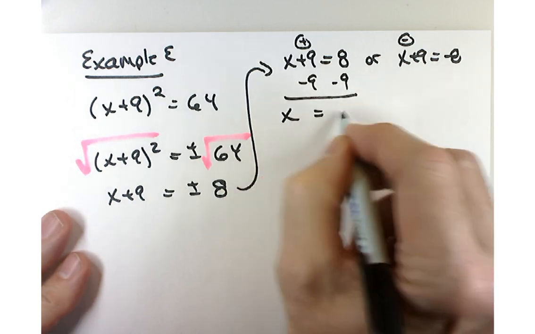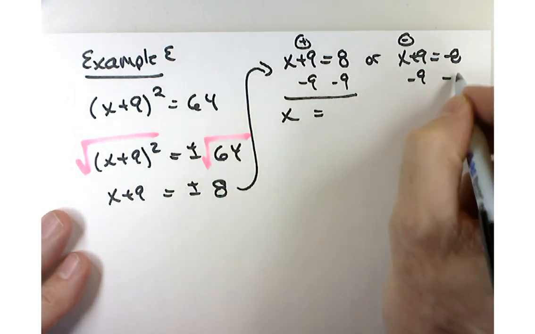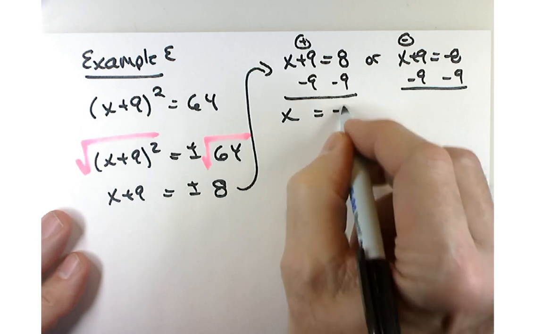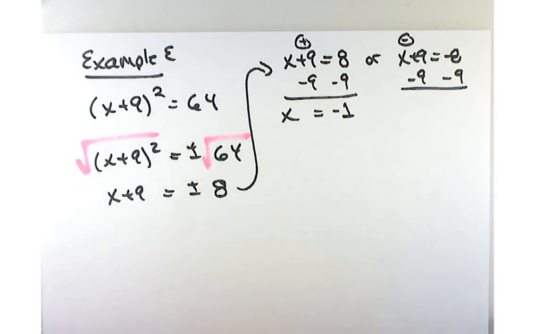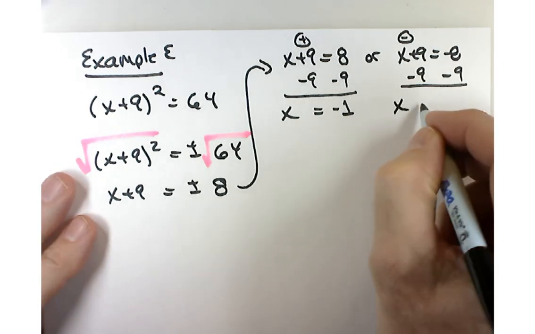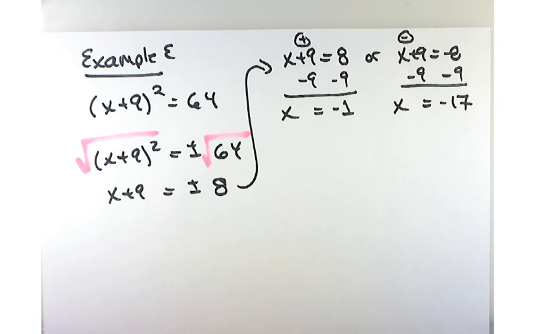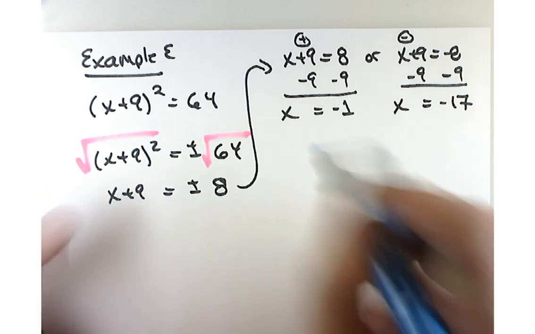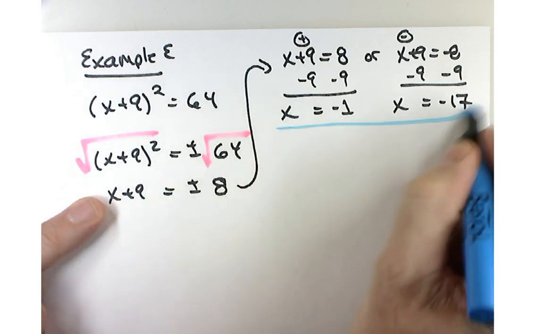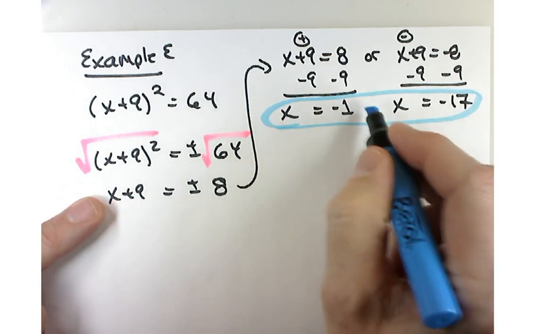You're going to subtract 9. For the positive case, you get a -1. How about for the negative case? What do we get here? Yeah, well done. -17. Thank you. And that's it. Those are your two solutions. So you've got this or this.